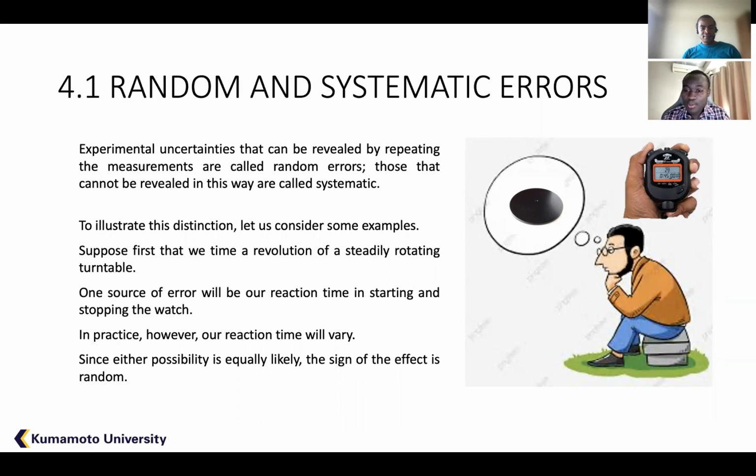And so we can easily deal with them by mathematically putting everything together and finding an average, for instance. But systematic errors are different in this view. They are usually all in the same direction, and so become very difficult to deal with.